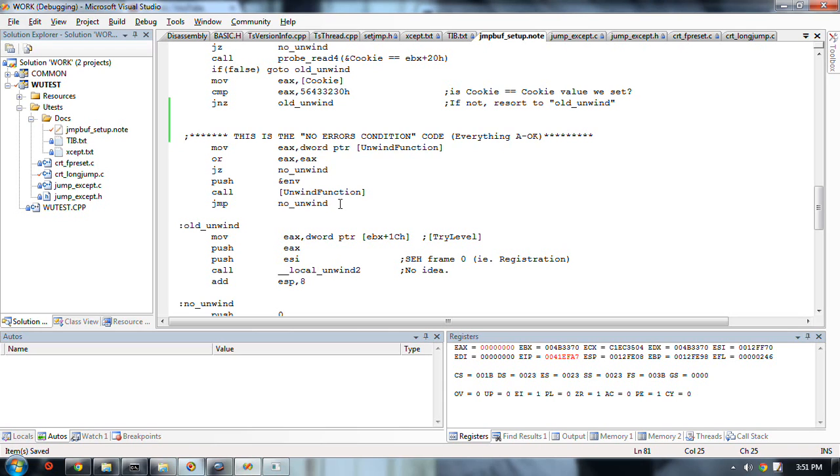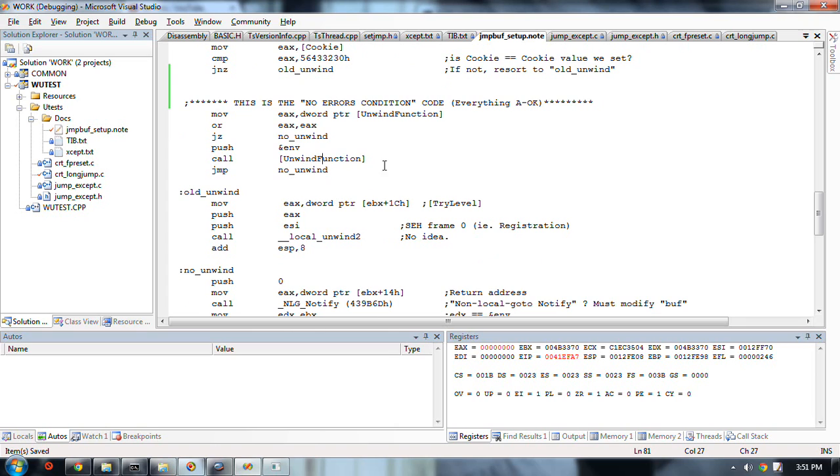And you will note that there's no cleanup. So the unwind function is a standard call, probably, although it's not 100% certain. And then jump to no unwind, which is our way of getting back home. So okay, therefore the clean unwind is a standard call, it cleans itself up.